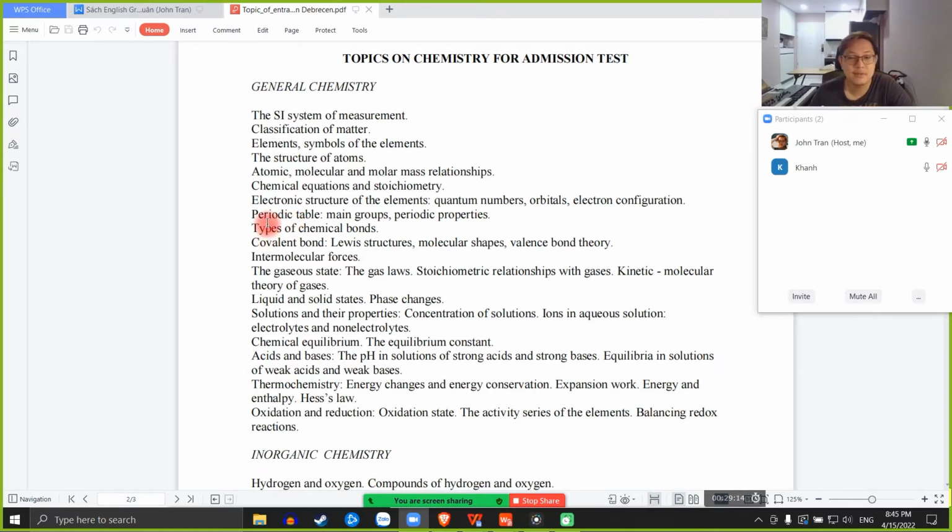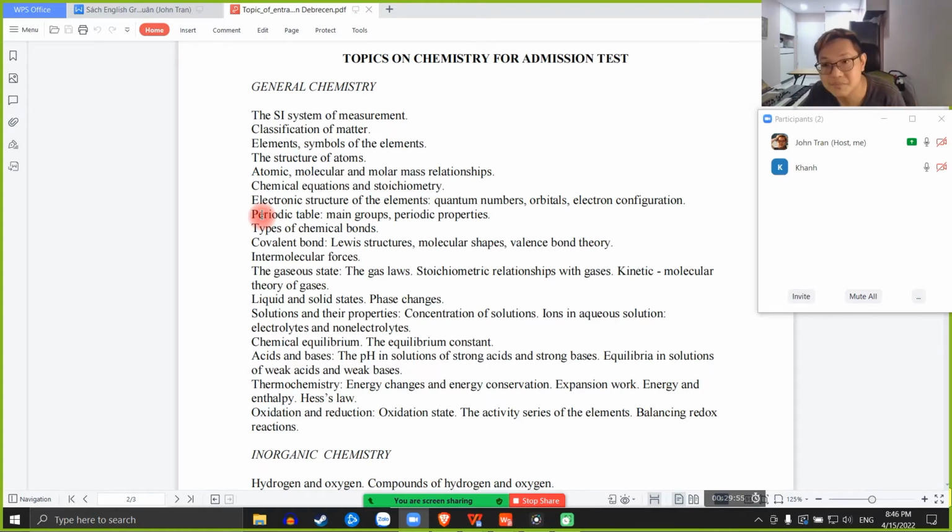Now, can you describe the periodic table? The periodic table is the most important chemistry reference there is, and it arranges all the elements in an informative way. Informative, second syllable.